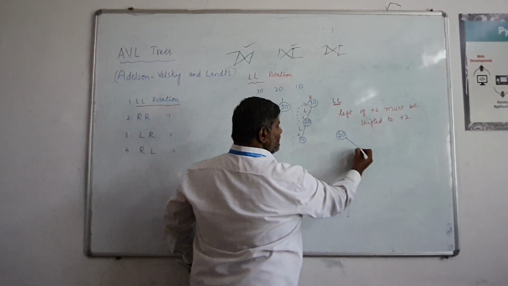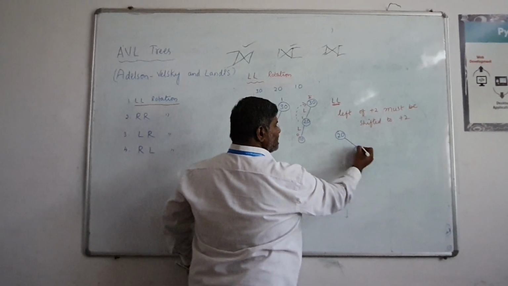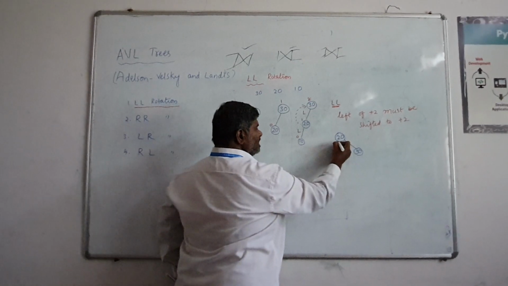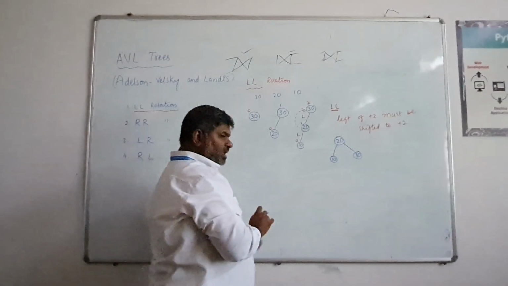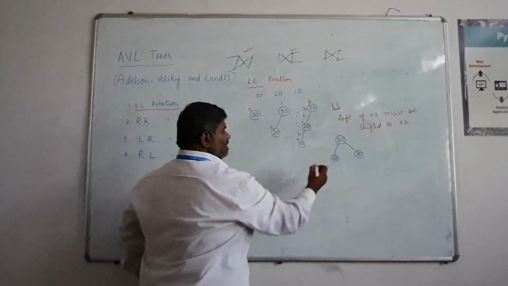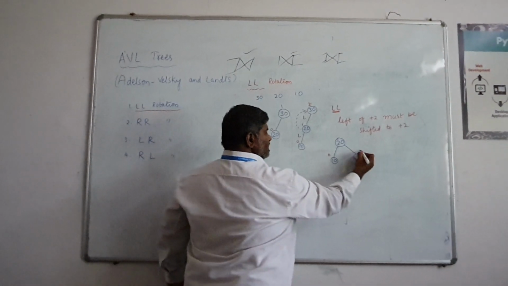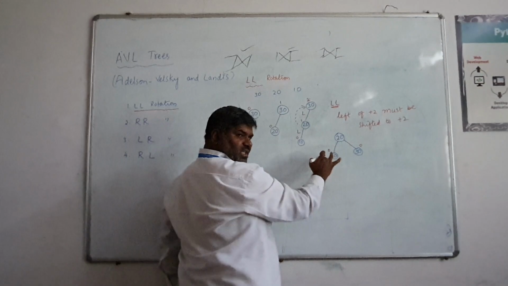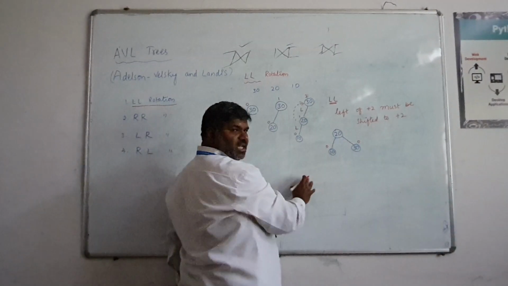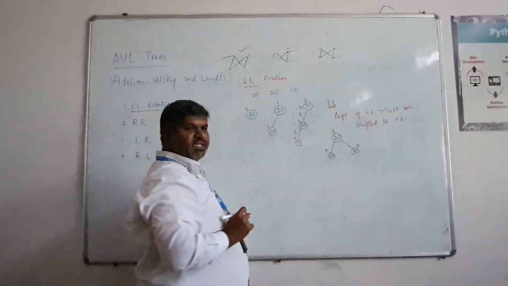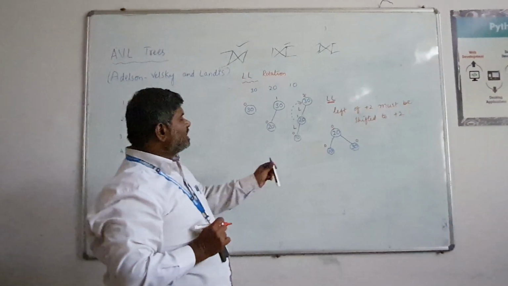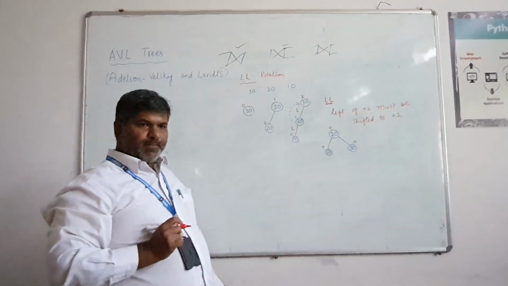Then 30 is greater than 20, so it moves to the right side, and 10 is less than 20, so 10 will be on the left side. Now the balancing factors are 0 for this and 0 for this. For the root, left side height is 1 and right side height is also 1, 1 minus 1 is 0. This is LL rotation. In LL rotation we balance in this way.